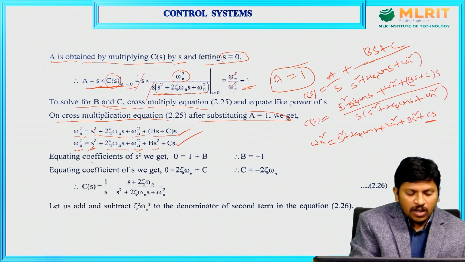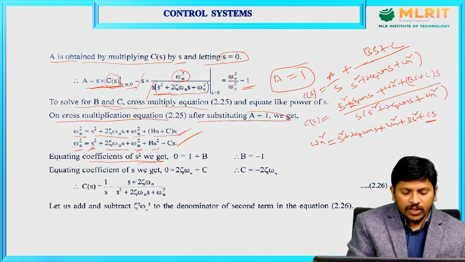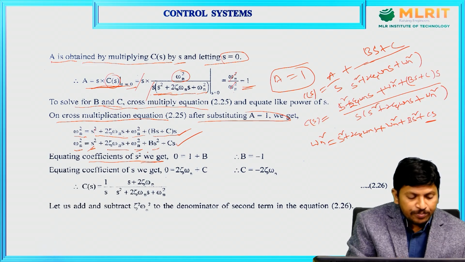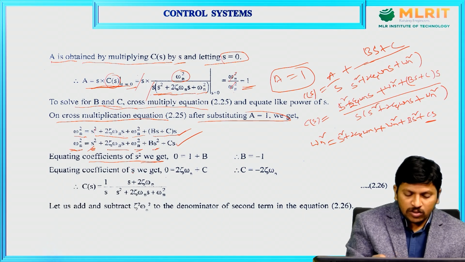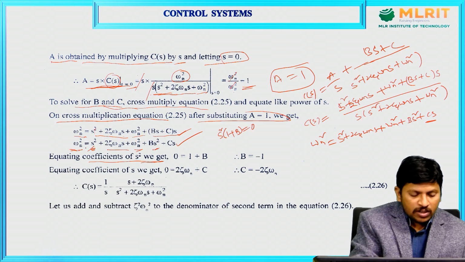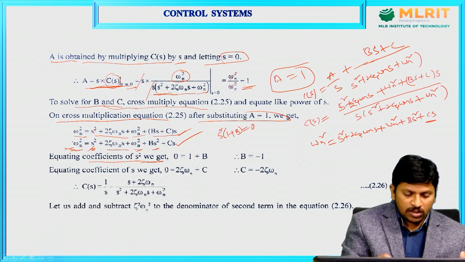Equating the coefficients of s²: on the left-hand side there is no s² term, while on the right-hand side s² appears in both terms. So for s², 1 + b equals 0.